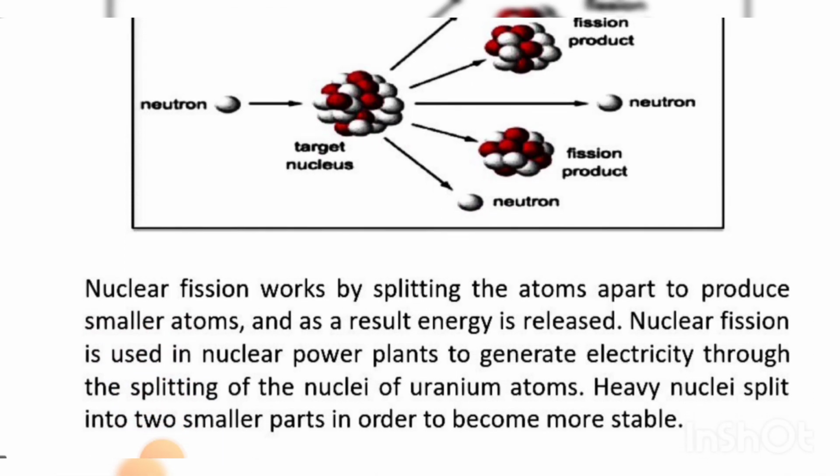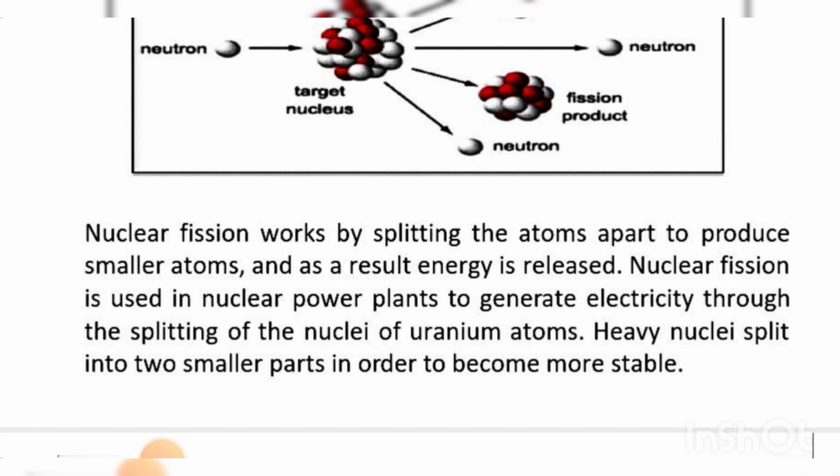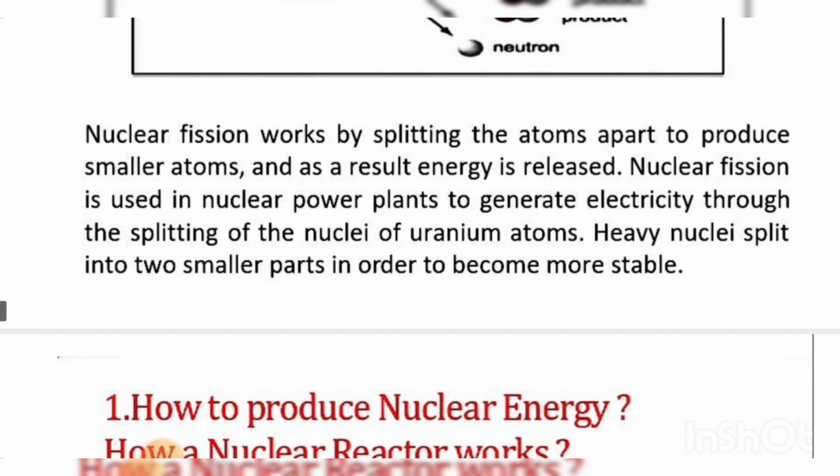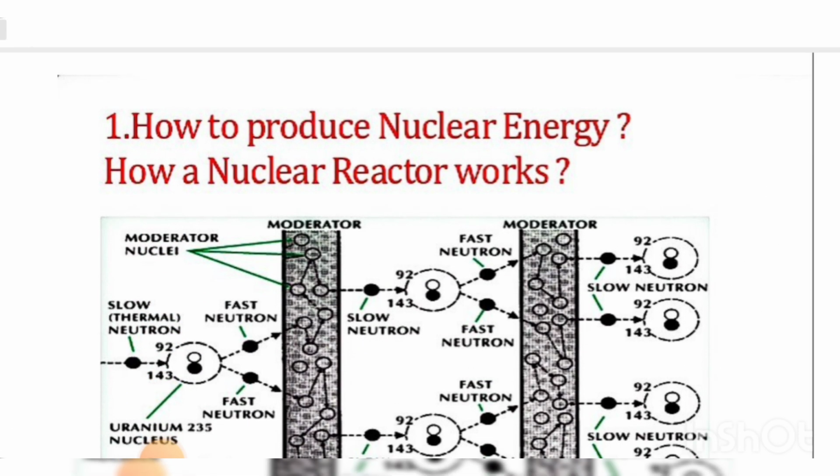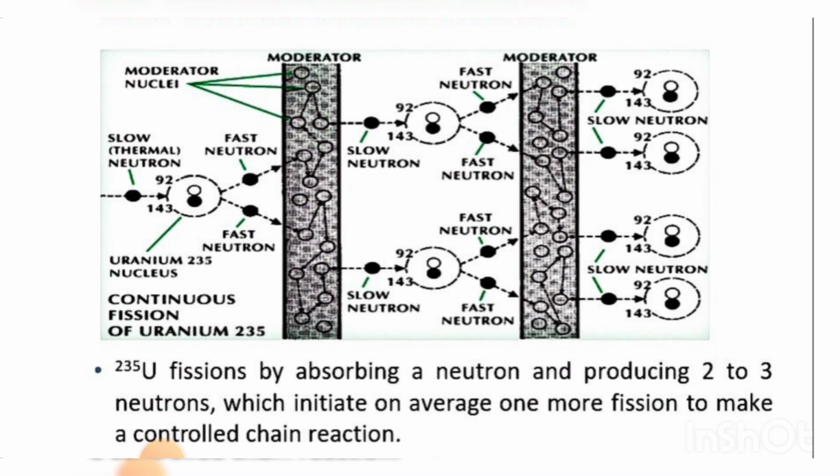So nuclear fission works by splitting the atom apart to produce smaller atoms, as we discussed previously. So how to produce nuclear energy and how a nuclear reactor works. This is the major components of nuclear energy, such as moderators and nuclear reactions.